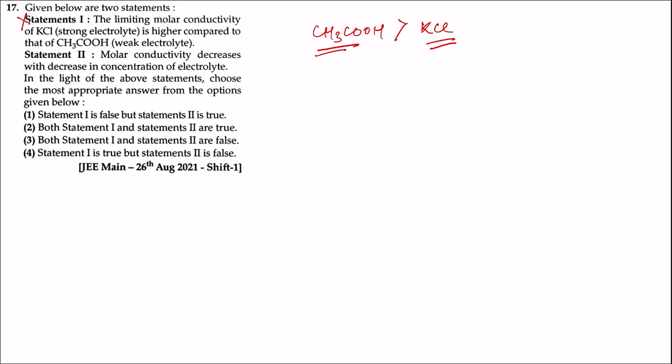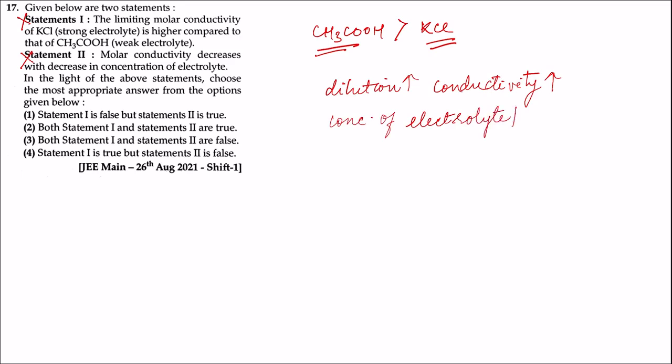Statement 2: Molar conductivity decreases with decrease in concentration of electrolyte. This statement is also wrong. The reason is, when a weak electrolyte is dissolved in a solvent, then on dilution the conductivity increases. Dilution increases, conductivity increases. But on increasing the dilution, the concentration of electrolyte in the solution decreases.